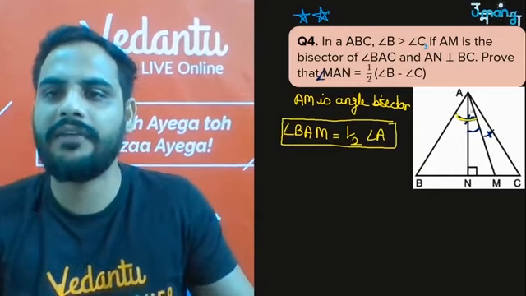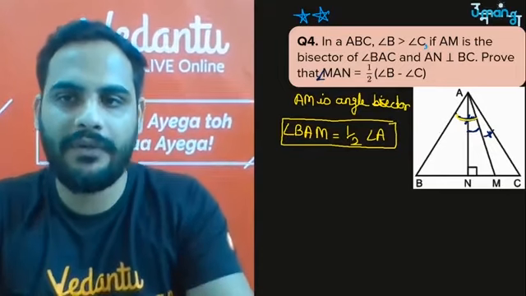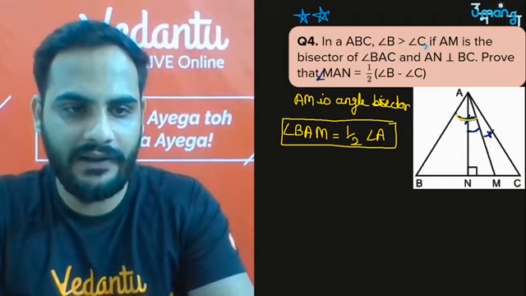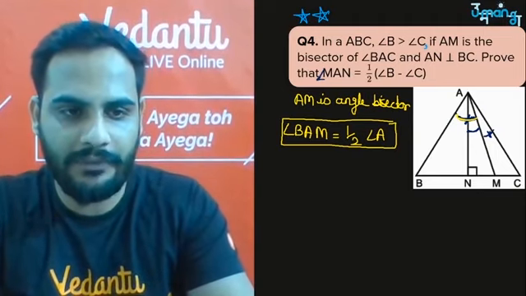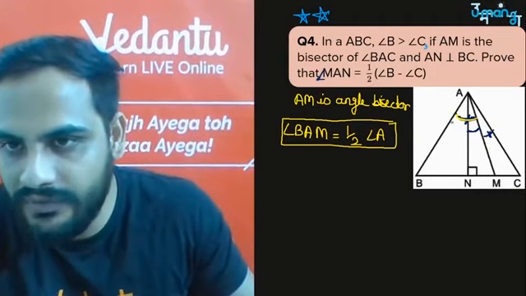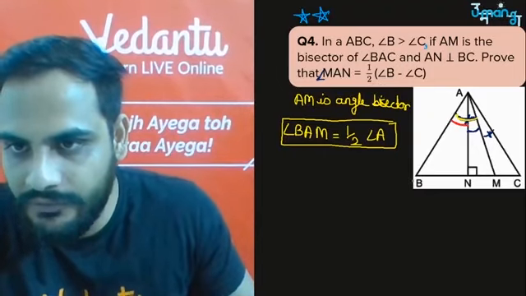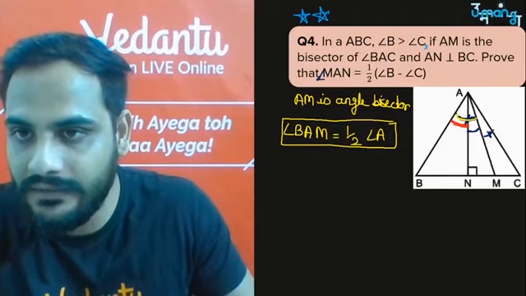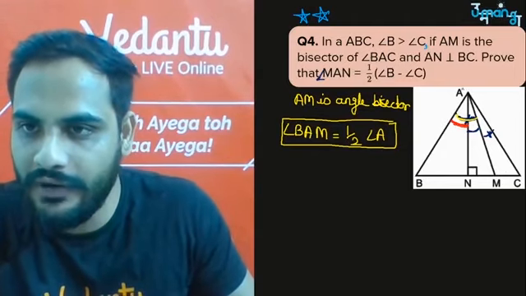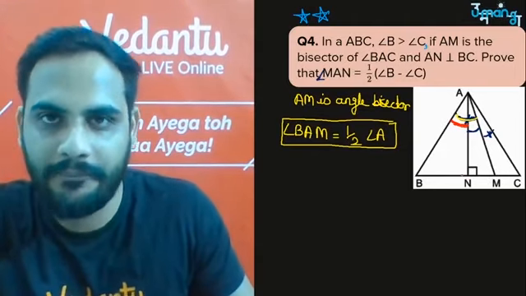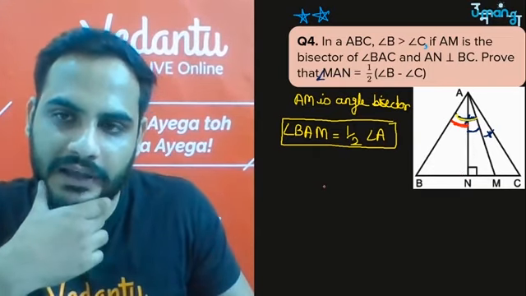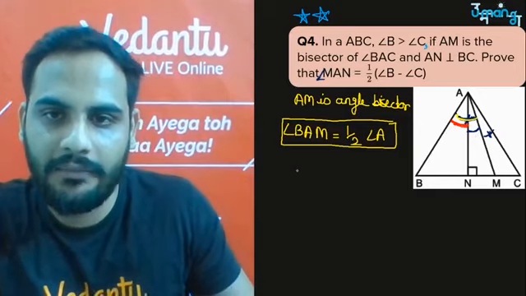Okay, BAM we have got as half of angle A. Now look, if I know BAM as half of angle A, and from this half of angle A I subtract BAN, then the remaining angle will be what? Your MAN only. Correct? So now let's talk about angle BAN. Look at the triangle BAN.